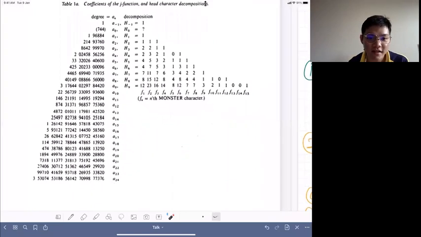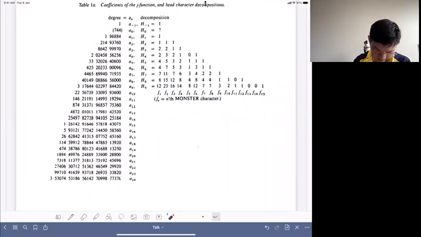You can see that 1 is just 1, and then this is 196,883 plus 1, and then this number here is this plus this plus this. So let me write down.